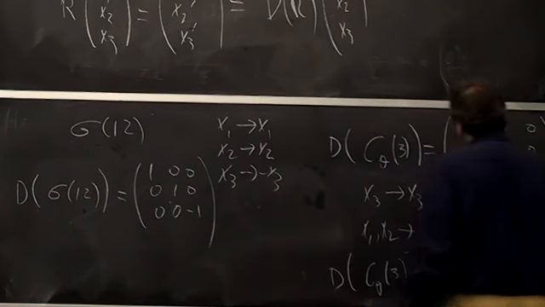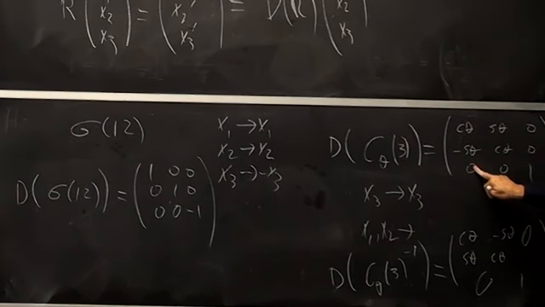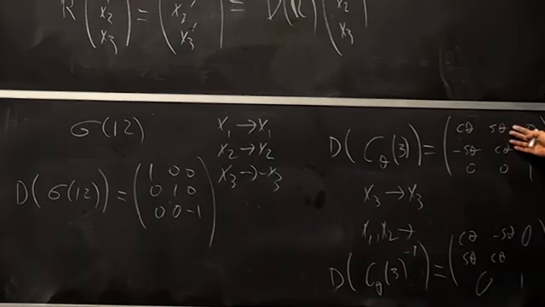Notice that this is the transpose of that. Notice also that the rows and columns are normalized to 1, and the rows and columns are mutually orthogonal. Those are the properties of a unitary matrix.